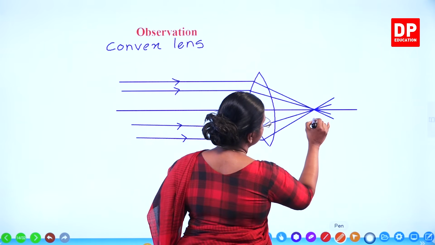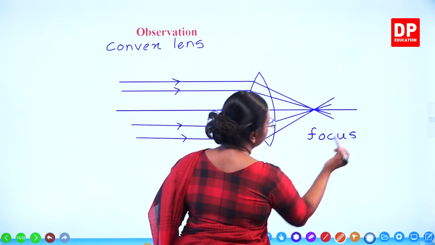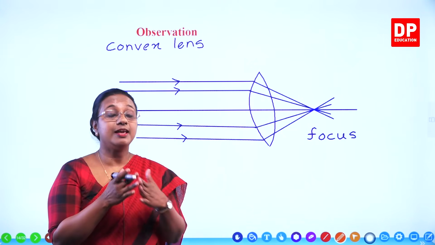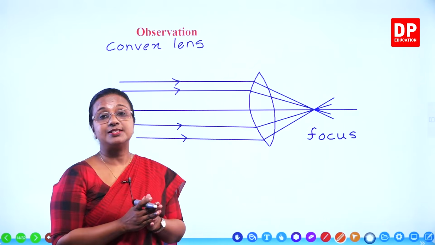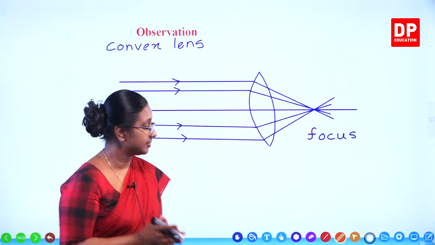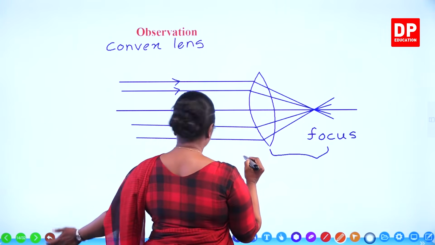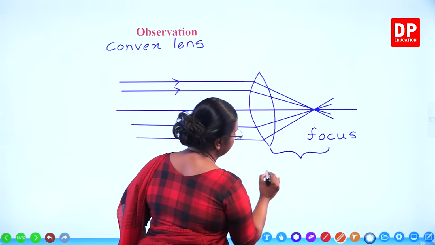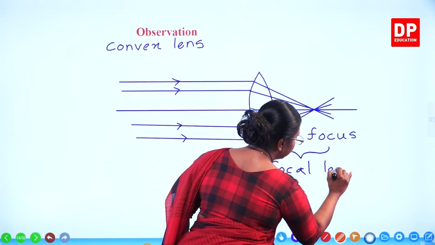And what was this point known as? It is the focus. The point where all the rays meet on the other side of the convex lens is known as the focus. And the distance between the focus and the lens is known as the focal length.